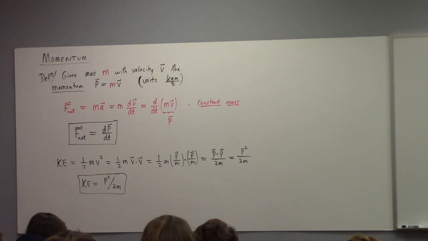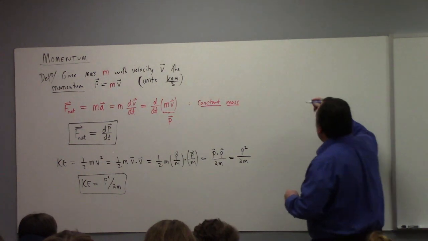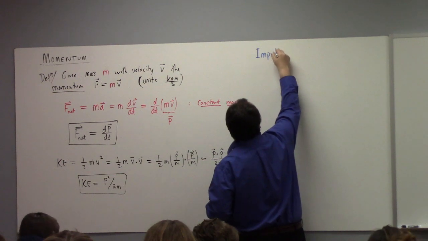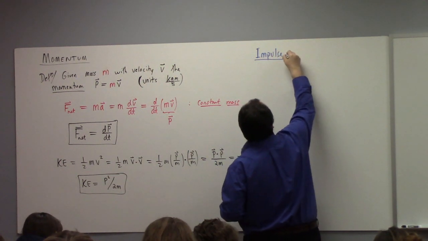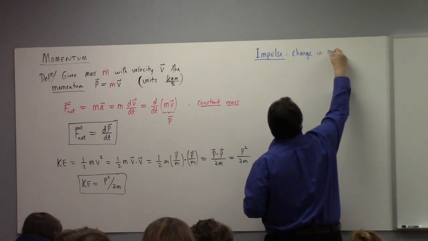Another important concept to talk about is change in momentum. How would we calculate the change in momentum over some interval of time? This is what's known as impulse. Impulse is a change in momentum.